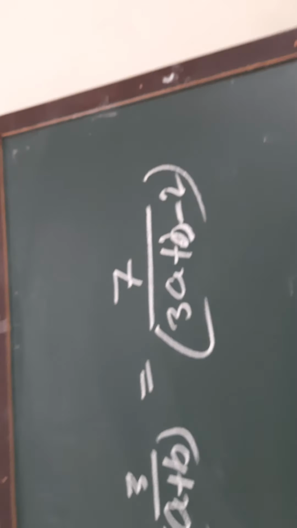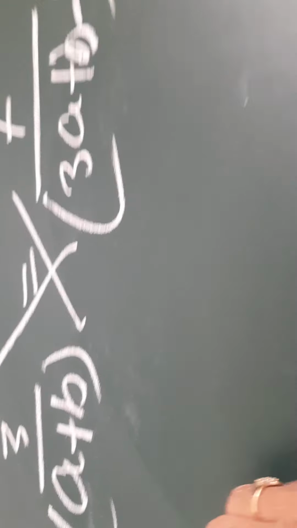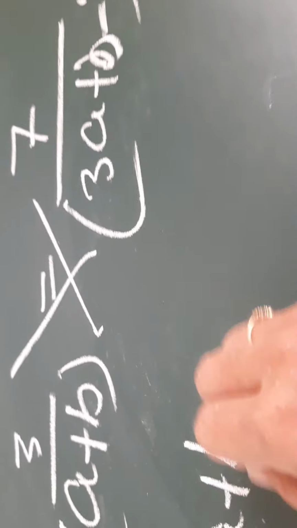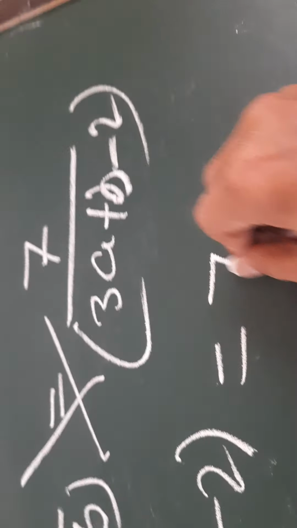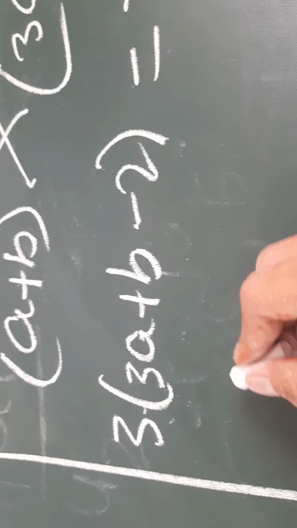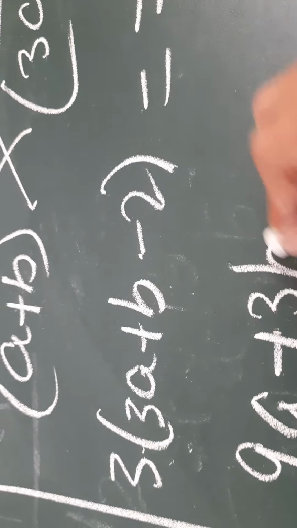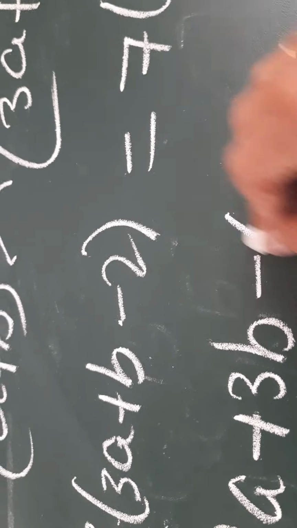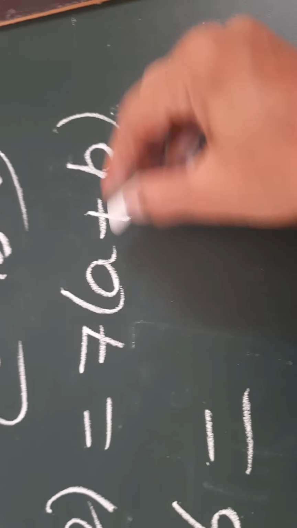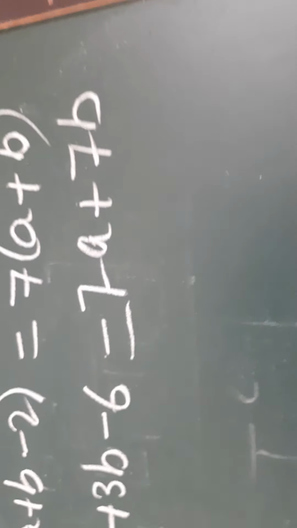Now again cross multiply them to get the equation. 3 into 3a plus b minus 2 is equal to 7 into a plus b. Distributive property, 9a plus 3b, open the bracket, minus 6 is equal to, again distributive, 7a plus 7b.